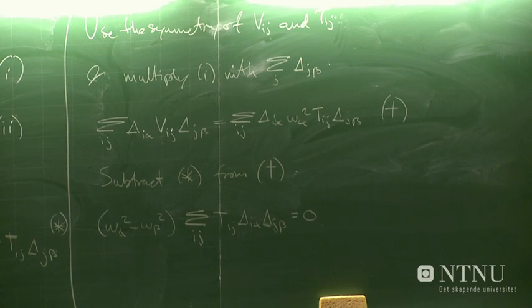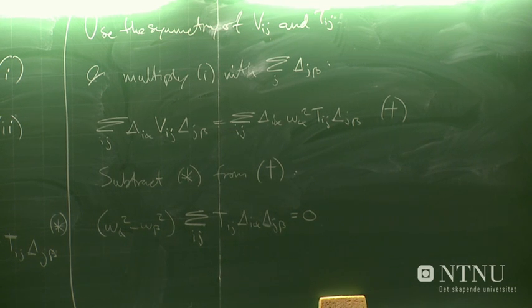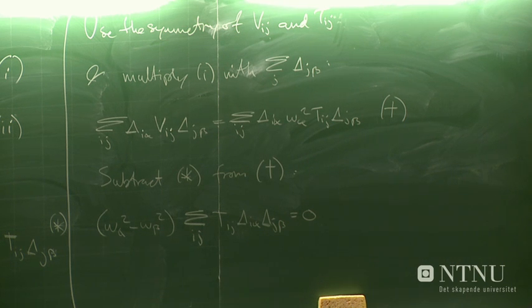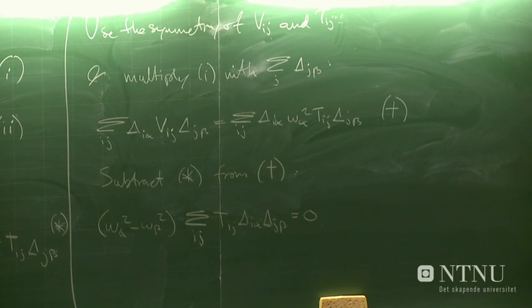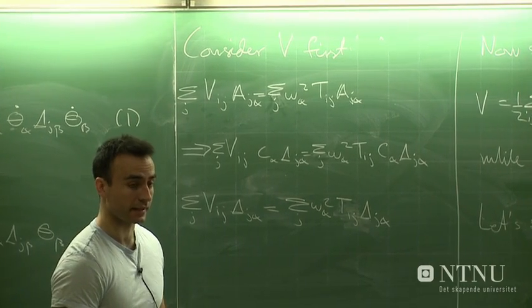So this might seem a bit tedious, but keep in mind that our intention from the beginning here was to say something about this quantity here, to see if it could be simplified in some way. Because if it could be simplified, then we could simplify both the kinetic and the potential energy.